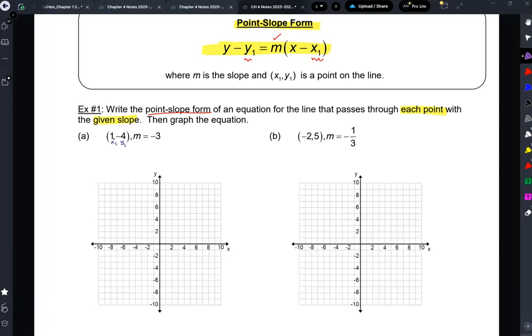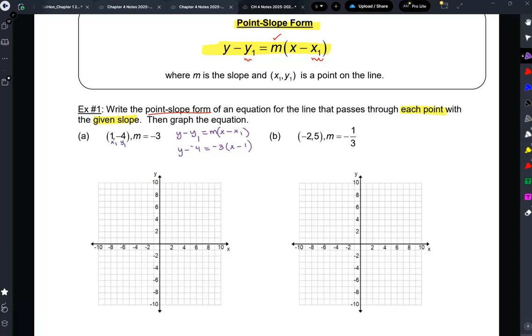Now my equation is y minus y1 equals m(x minus x1). Let's plug things in. y minus, what's y1? Negative 4, equals m, negative 3, (x minus x1, which is 1).